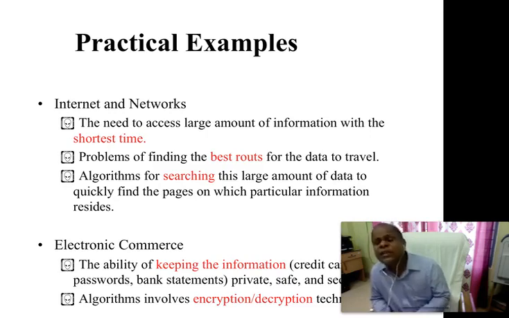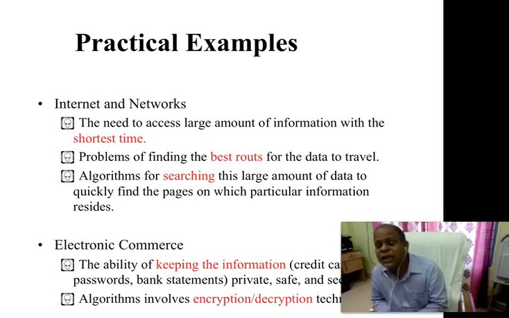Another example is e-commerce. In an e-commerce company, as you know, in electronic commerce, they keep the user information on their site. Suppose you are buying something from Amazon, the next time you are going to buy, you will see in your mobile that they have automatically saved your credit card information, your bank account details, everything.